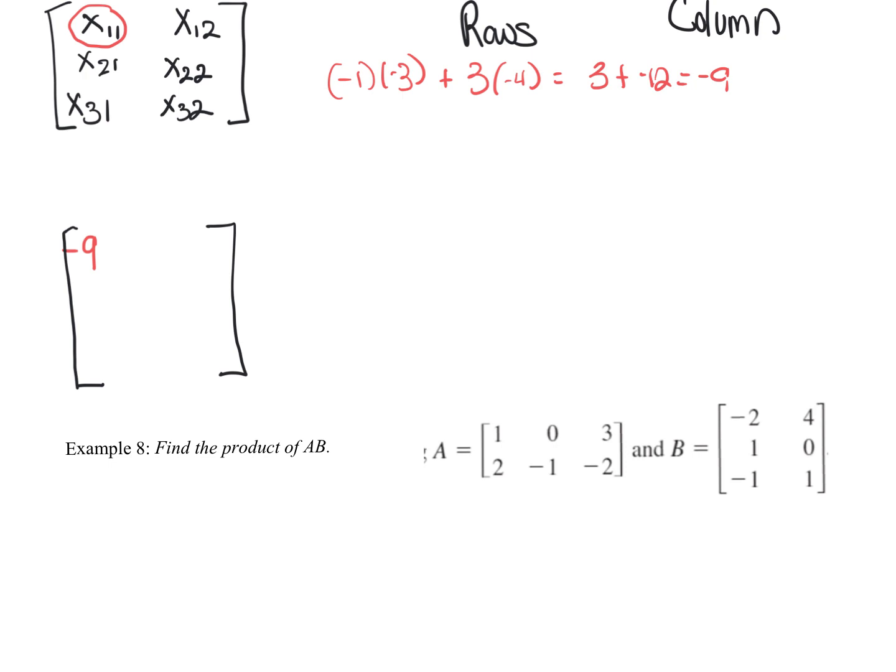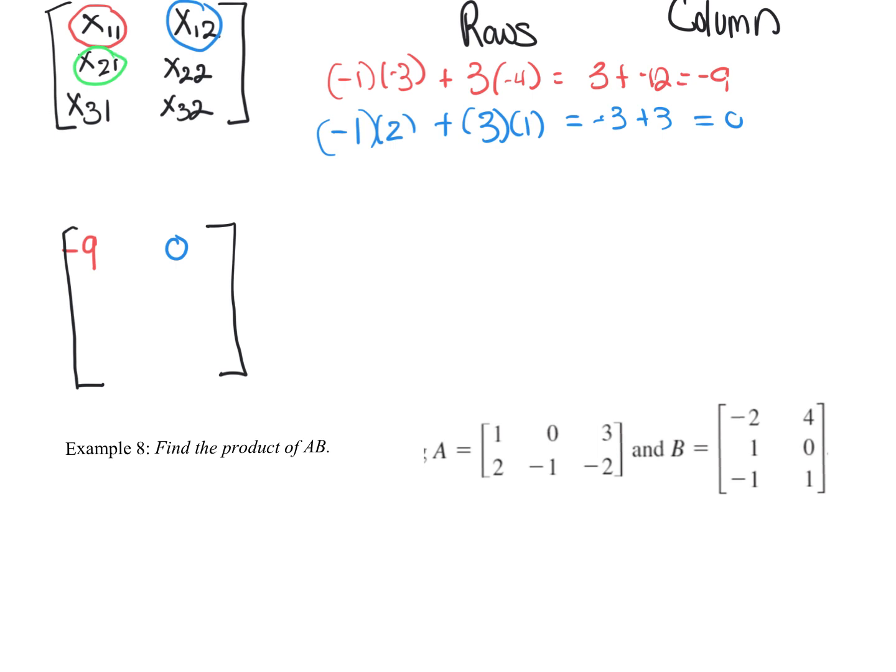Then I'm going to do the next one. This next element says use row 1, column 2. So I'm going to do -1 times 2 plus 3 times 1. This is going to make -3 plus 3, which results in a 0.